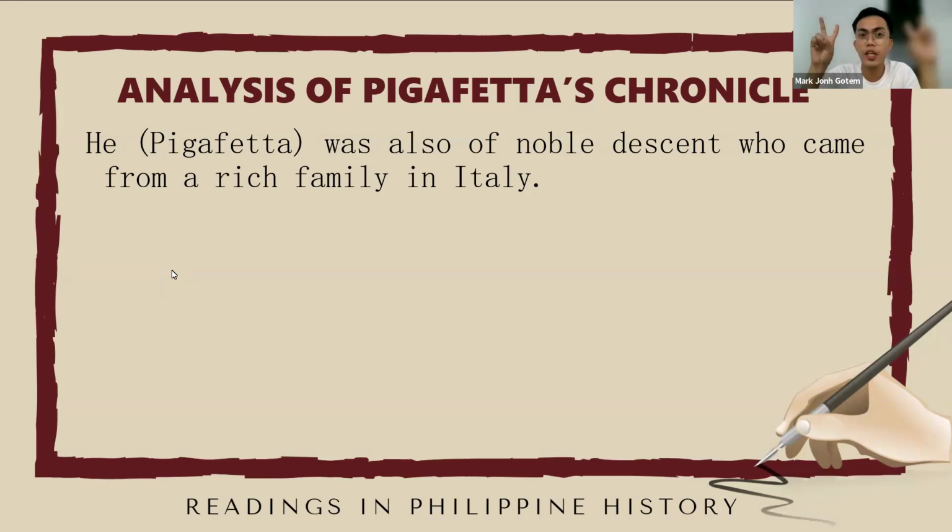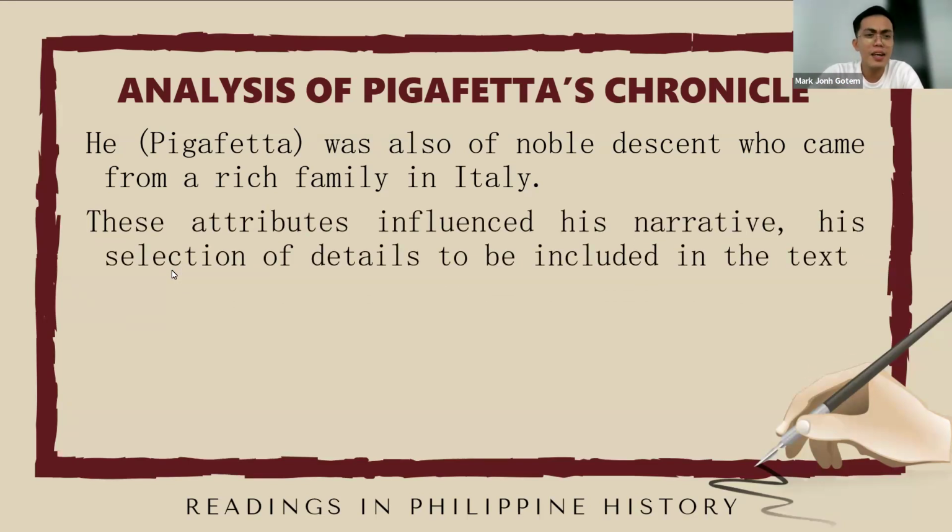Being of noble descent means he came from a family that held a high social rank, typically associated with titles and, of course, aristocracy. Noble descent din ang family ni Pigafetta. These attributes influenced his narrative.